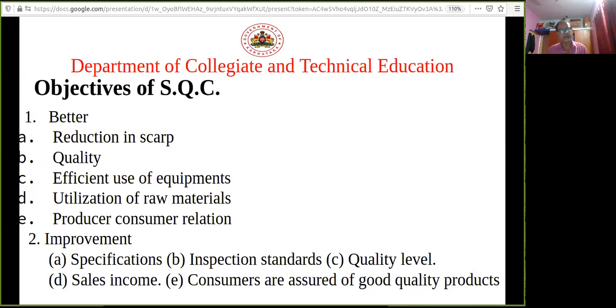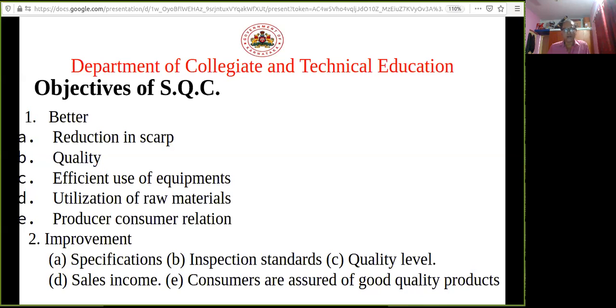When we use these tools, naturally we obtain quality products. The next is the efficient use of the equipment, because SQC says the company needs to maintain the equipment. When you maintain the equipment, naturally we can use it efficiently.